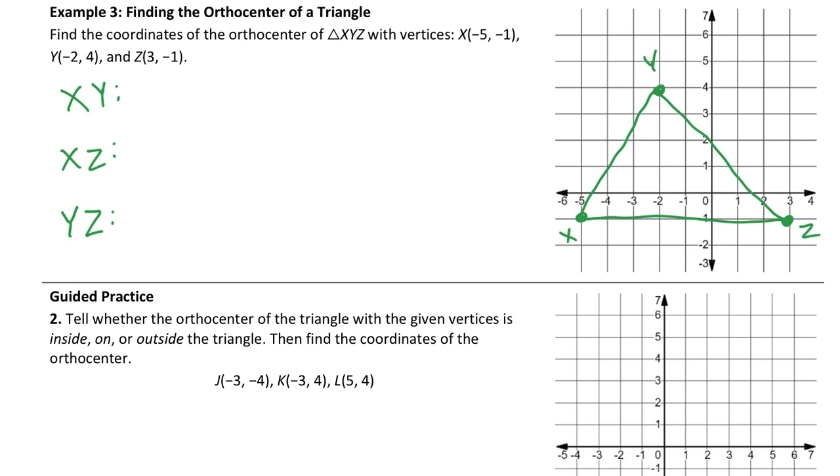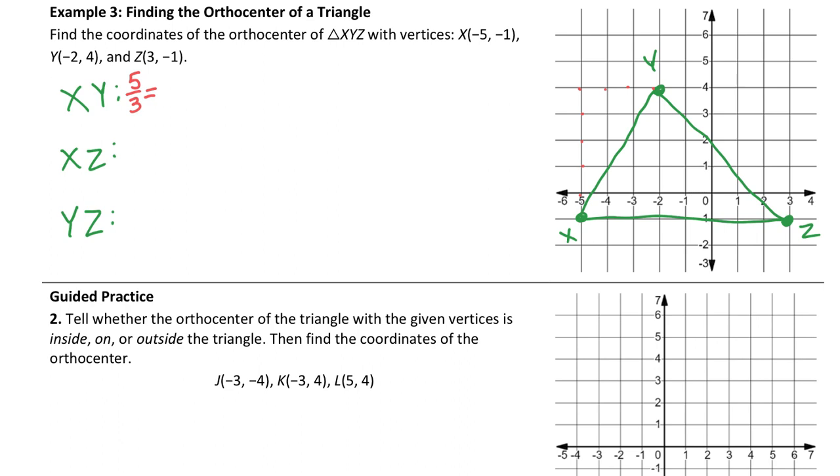You're going to take that perpendicular slope, you're going to use it to draw a line through that side and the opposite vertex. So XY, the slope of XY. I go up 1, 2, 3, 4, 5, right 1, 2, 3. So the slope is 5/3.